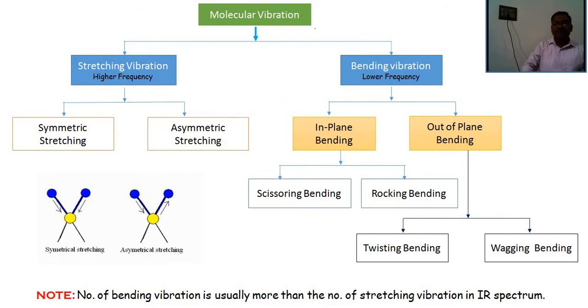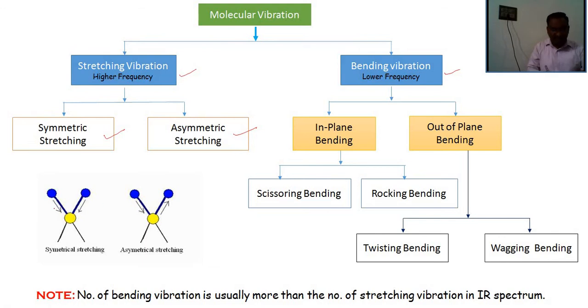There are two types of molecular vibrations: the stretching vibrations, at higher frequency, and the bending vibrations, at lower frequency. There are two types of stretching: symmetric stretching and asymmetric stretching.